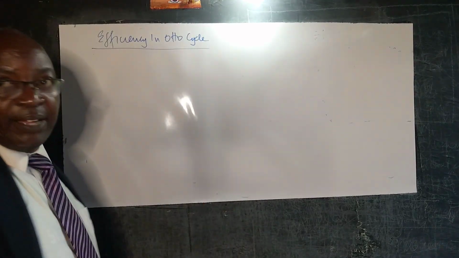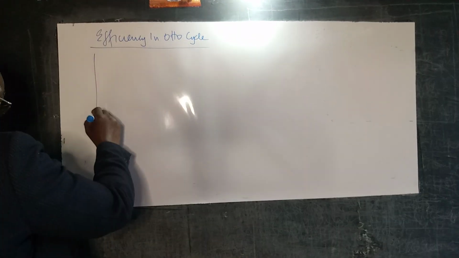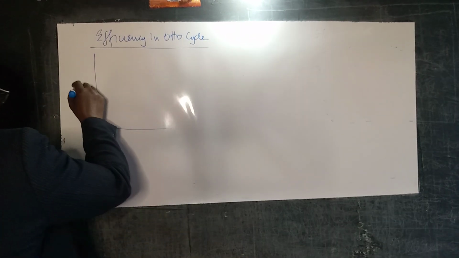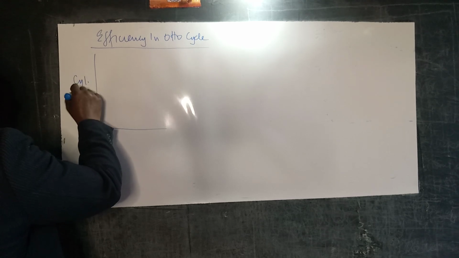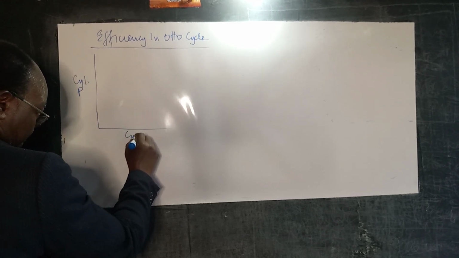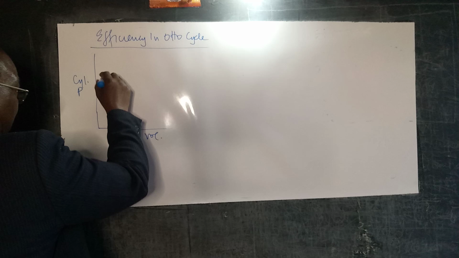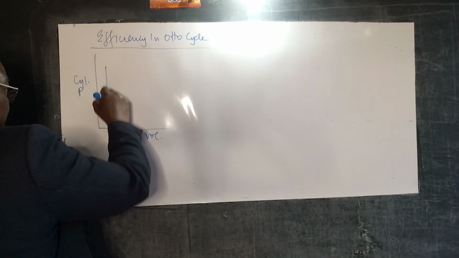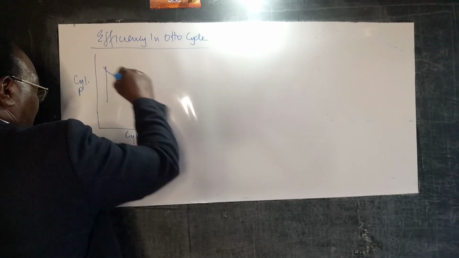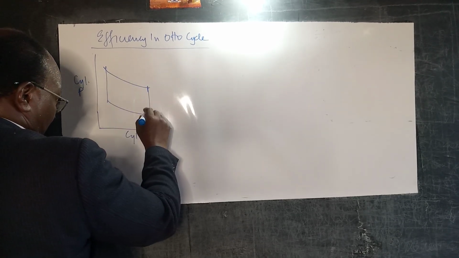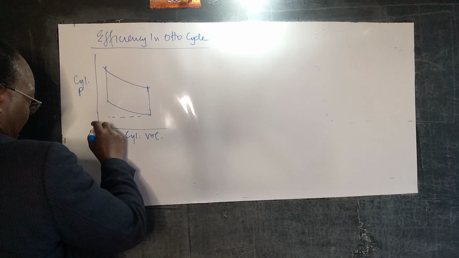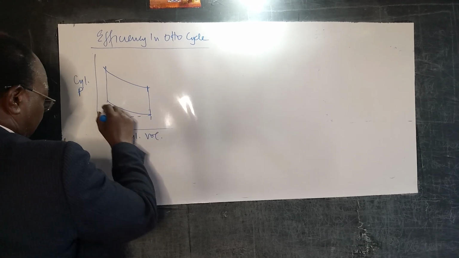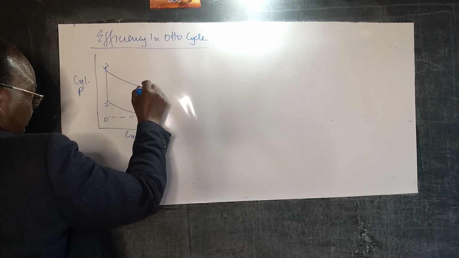Let's just remind ourselves of the Otto cycle. It comprises 4 processes. Pressure, volume diagram, cylinder, pressure, cylinder, volume. Steps 1, 2, 3, 4.